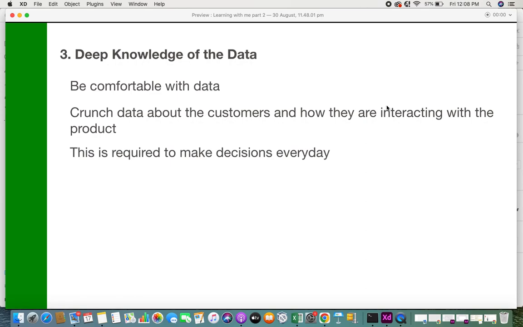So it's very important that product managers become comfortable with data. Of course, there are data analysts analyzing and understanding your data and giving you insights, but there's nothing really more powerful than when you, as a product manager, sit down and analyze that data and derive insights from it. So that's another responsibility that businesses look for.